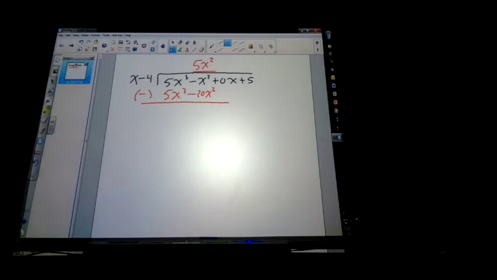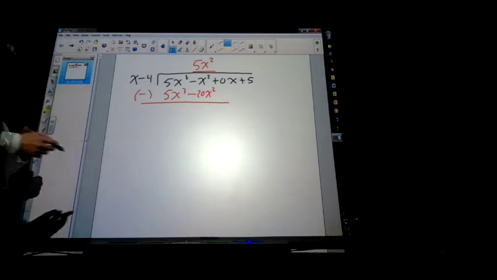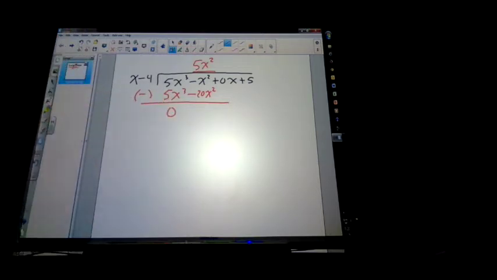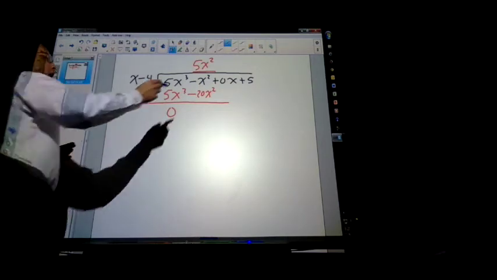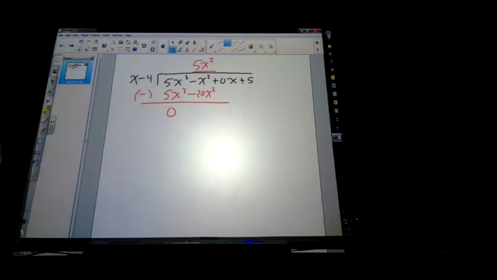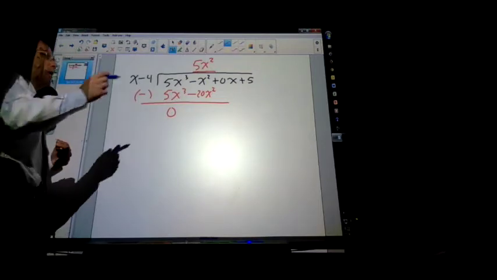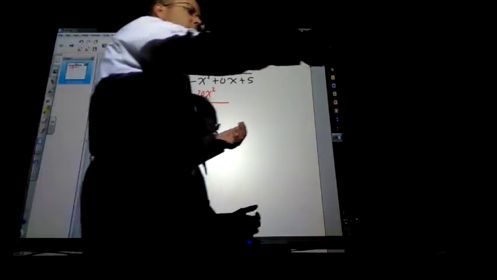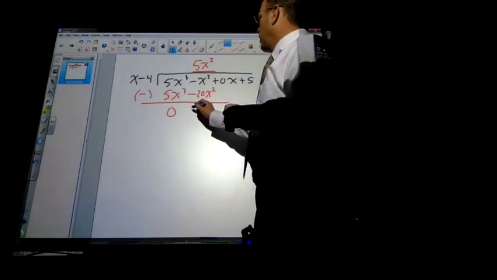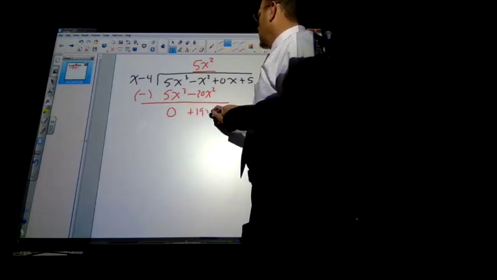All right, so 5x to the third minus 5x to the third, they cancel each other out. Okay, so you could put 0 for a placeholder if you'd like. You don't have to. And then you have negative x squared minus minus 20x squared. Well, minus minus becomes plus. So negative x squared plus 20x squared is positive 19x squared.